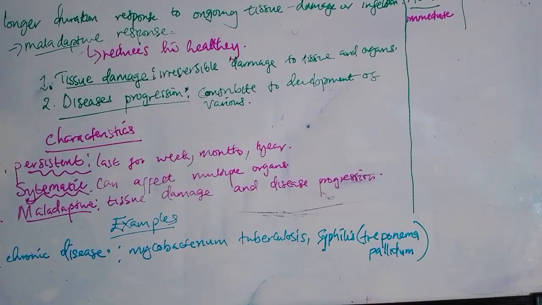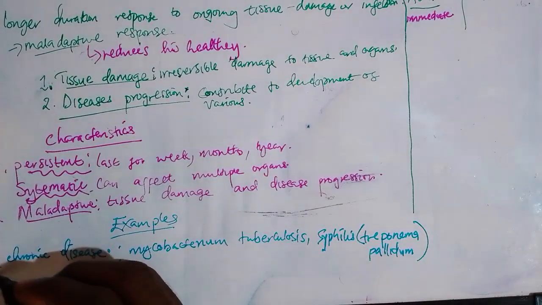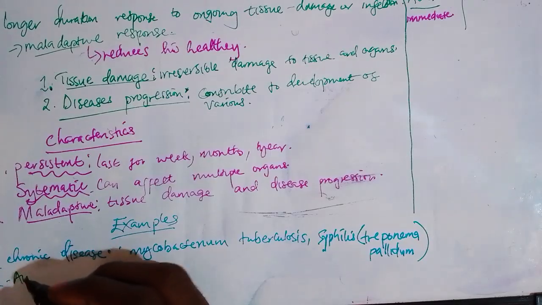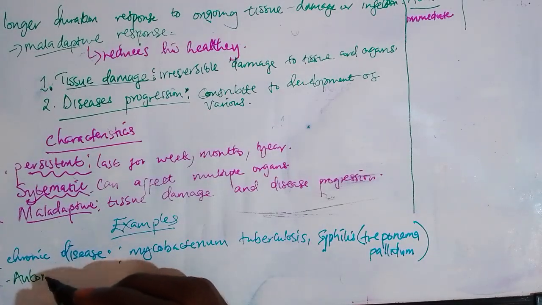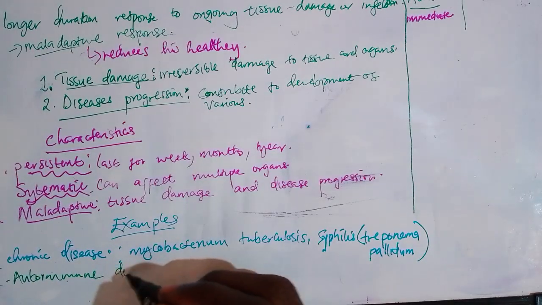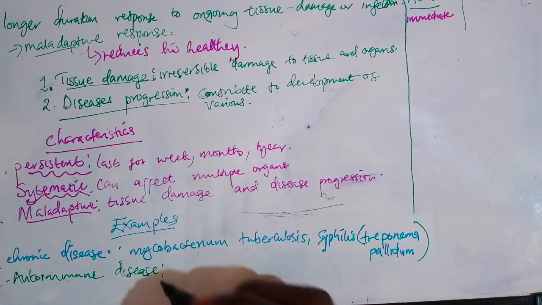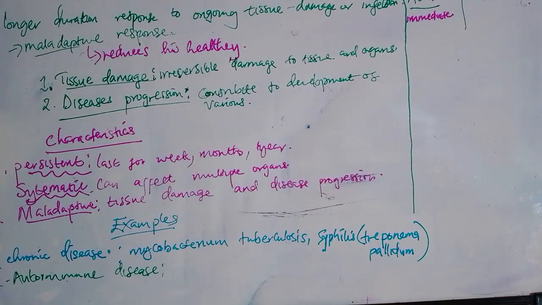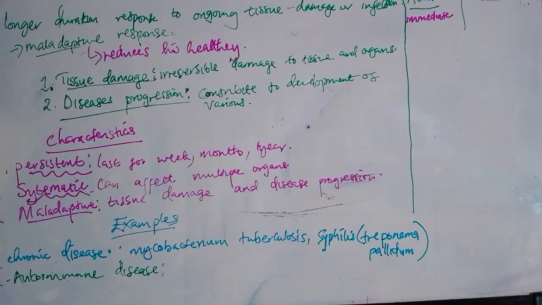So, what is the second example which you need to know? So we also have autoimmunity or autoimmune disease. So remember, whenever you hear chronic, we're talking about the abnormal part of inflammation.